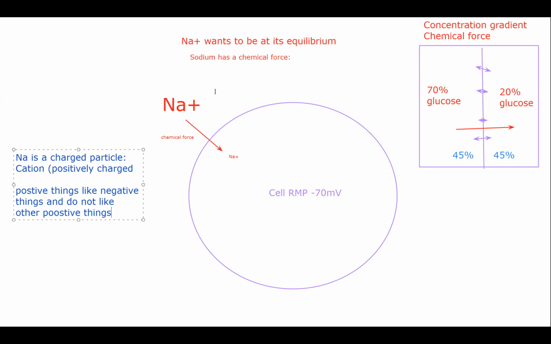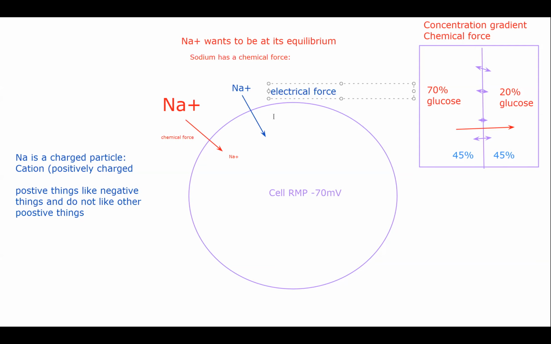Well, conveniently enough, sodium is positively charged and the inside of the cell is negative. So there is going to be an attracting force into the cell for sodium. Because it is positively charged and the inside of the cell is negative, we call this the electrical force, or the electrical attraction.